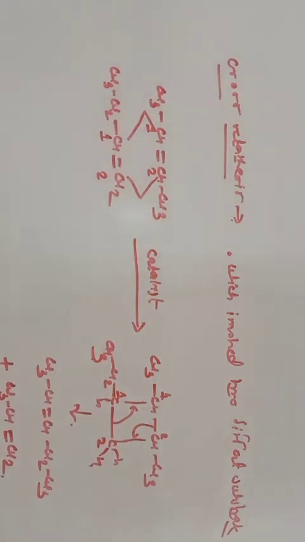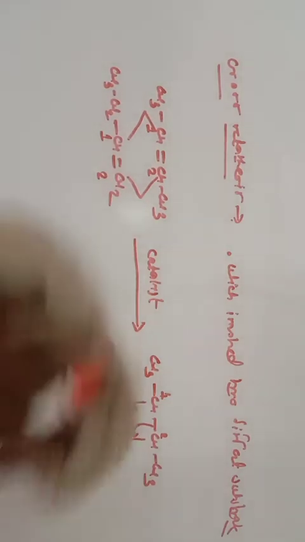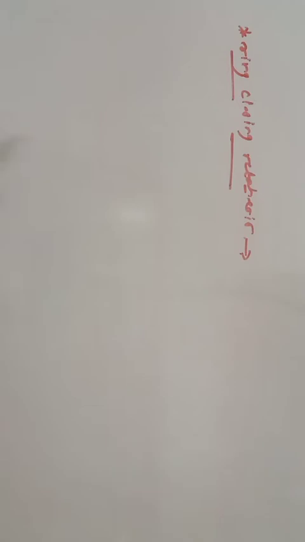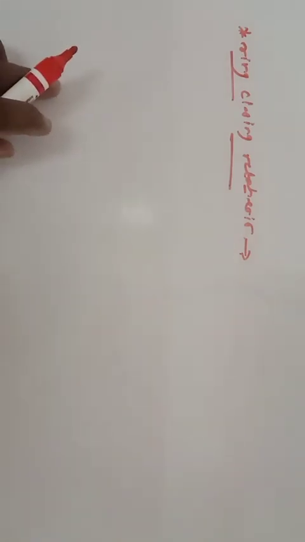Let us discuss the next type of metathesis, that is ring closing metathesis. In this type, we discuss the role of the catalyst, because ring closing metathesis is simply an intramolecular alkene metathesis.